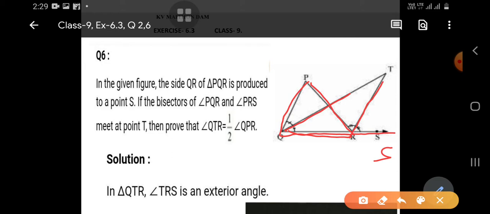These are the angle bisectors. When we produce both, they meet at the point T. Name it T. Then you have to prove that angle QTR, that means this angle, is equal to half of angle QPR. These things you have to prove. Now see how I will prove it.